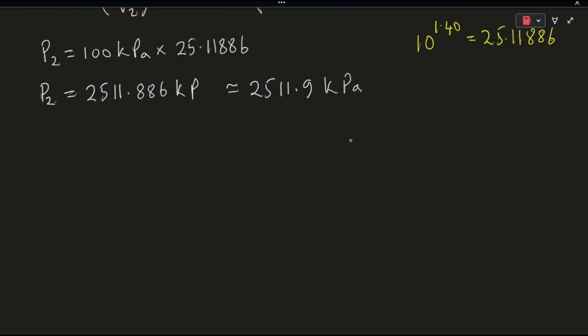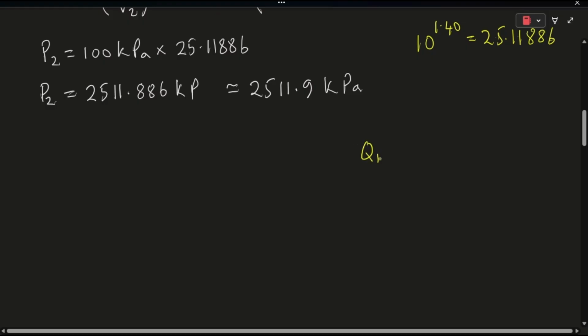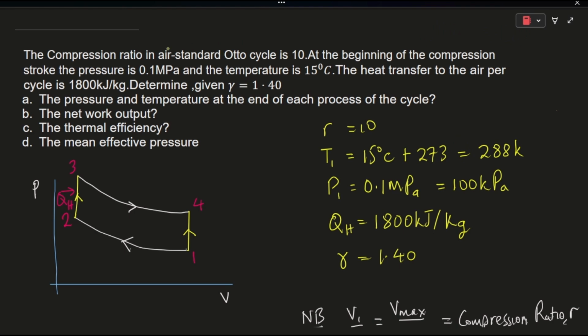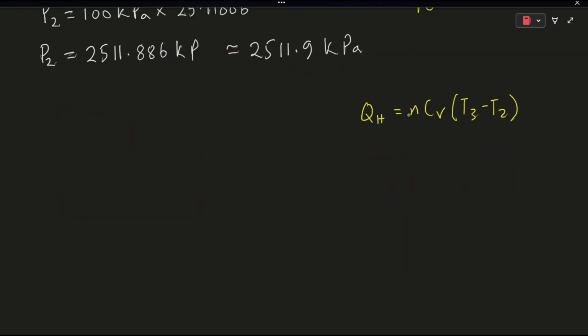Now, the heat energy absorbed by the system is given by the formula. Because we're dealing with an air standard Otto cycle, let's assume 1 mole.